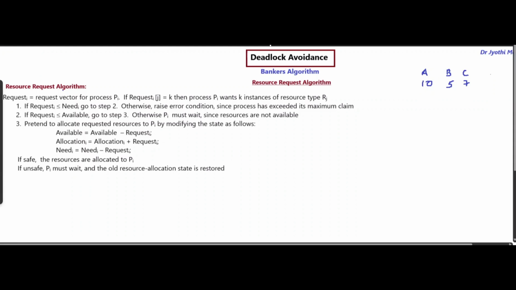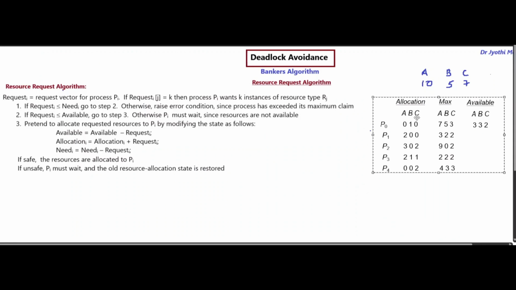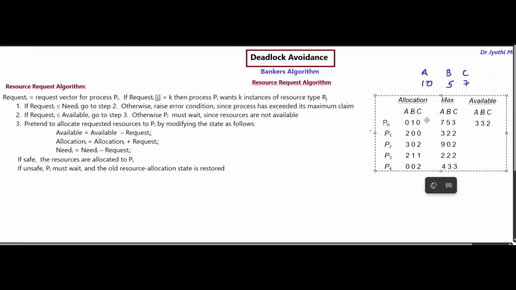The same example I'm taking. Let us consider, at a particular time, these are the processes: 5 processes, with each process's maximum mentioned here and allocation given here. After allocating like this at a particular time t0, the availability is like this. You all know how the availability is calculated.